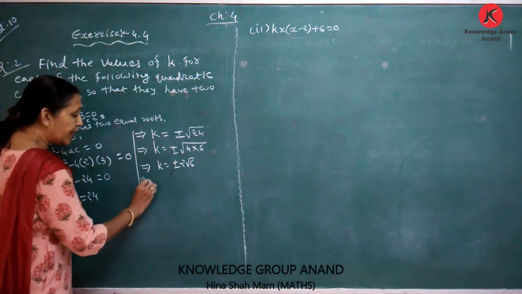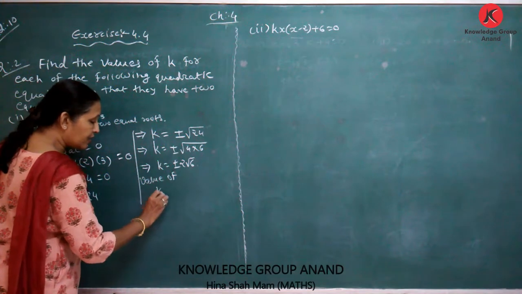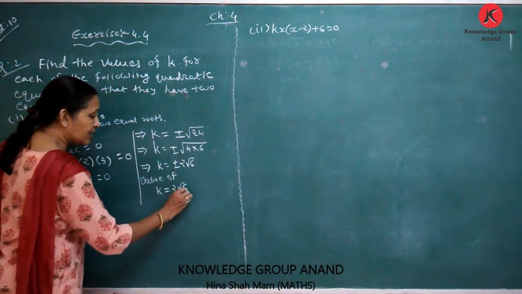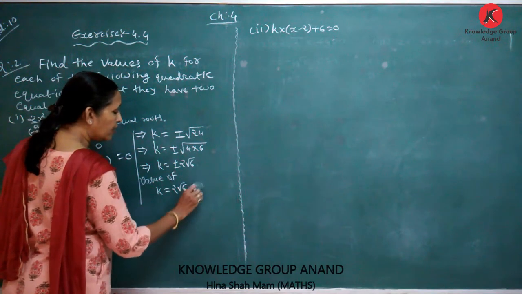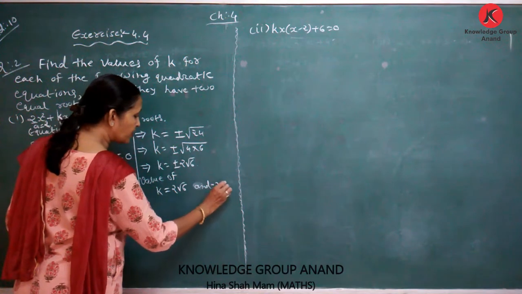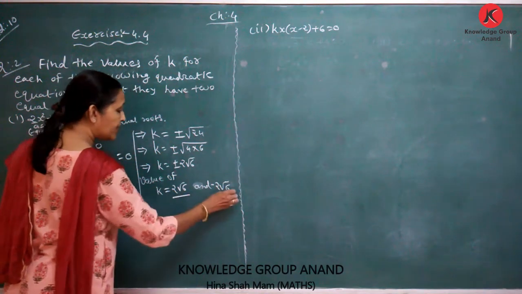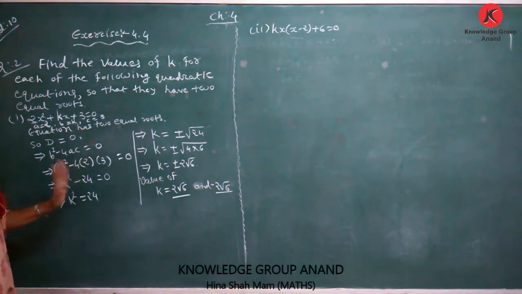Then the value of k is equal to 2 root 6 or k is equal to minus 2 root 6.